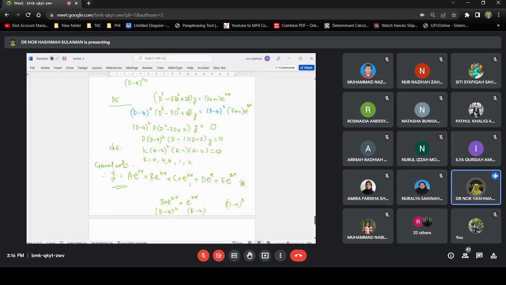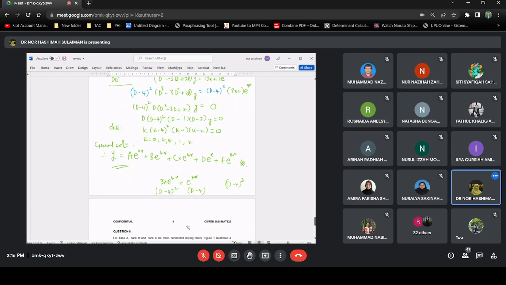So nanti dia akan jadi ada repeated. Dia macam mana, kalau dia repeated katalah, contoh kalau kita ada katalah 10x tambah 10, katakan.